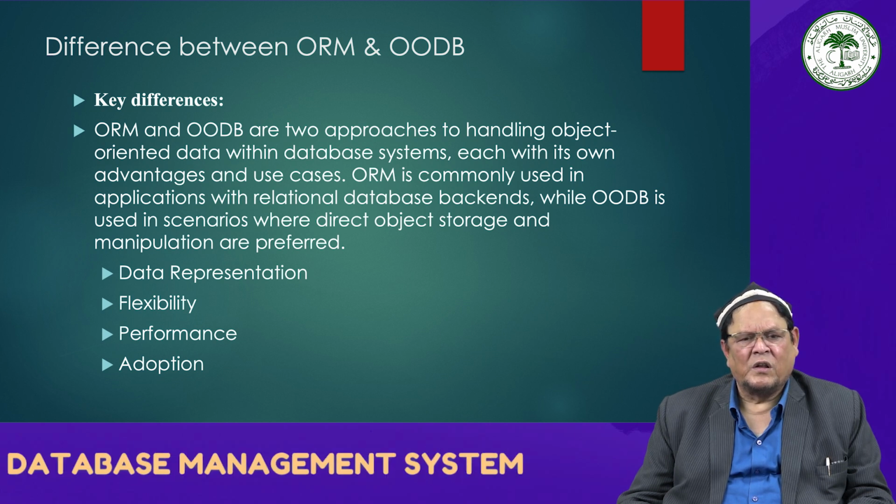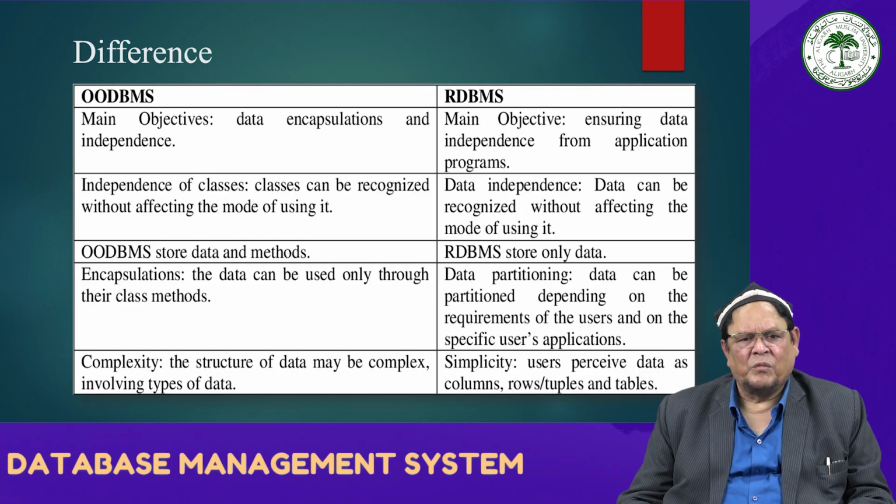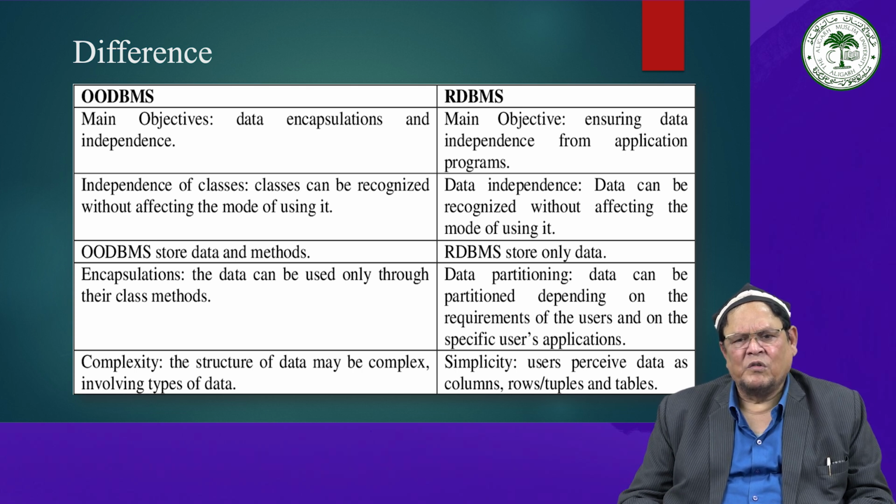Let's talk about data integrity constraints. Object-oriented database management systems support object-level integrity constraints, ensuring data consistency at the object level. Meanwhile, an RDBMS relies on table-level integrity constraints to maintain data integrity within relational tables.